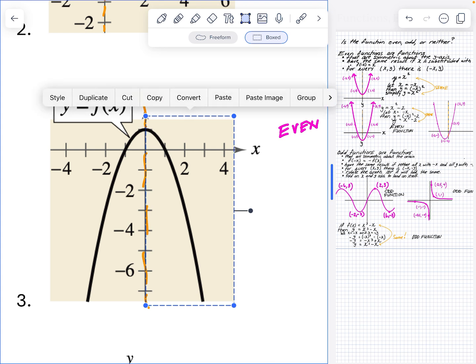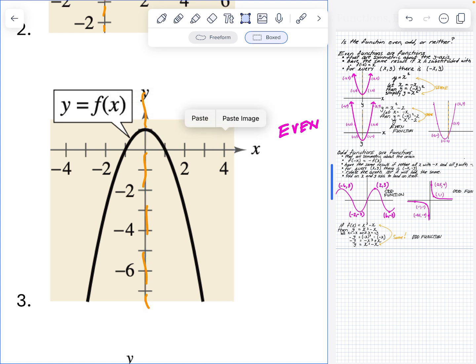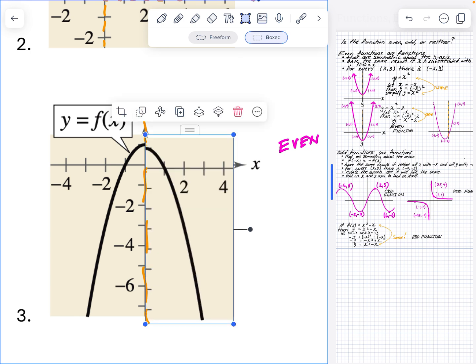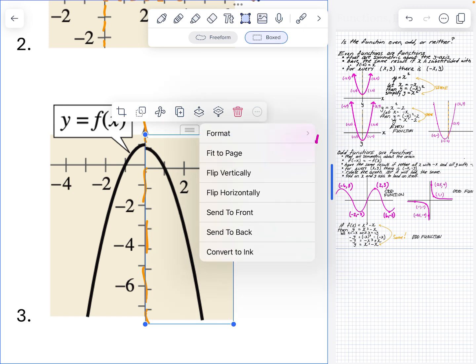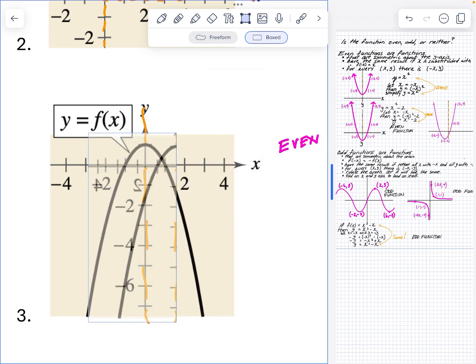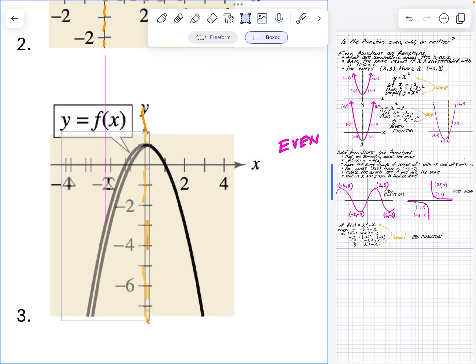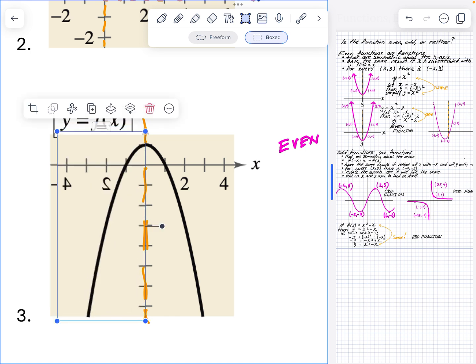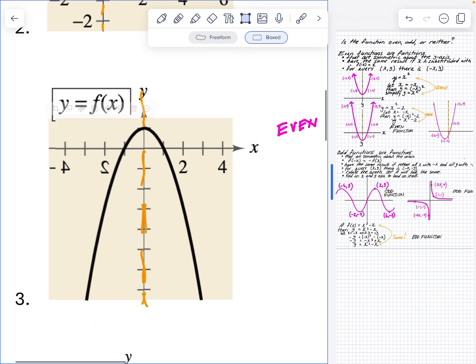If I took the right-hand side and I folded it across the y-axis, then it would land on top of itself. So there it is, landing on top of itself. So it is an even function. Okay?